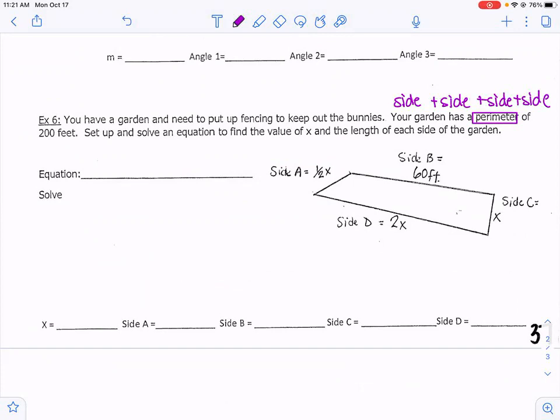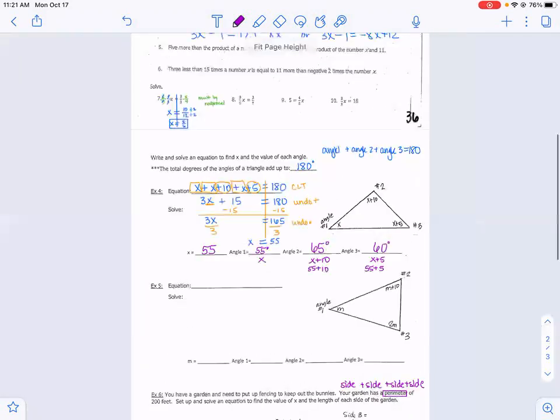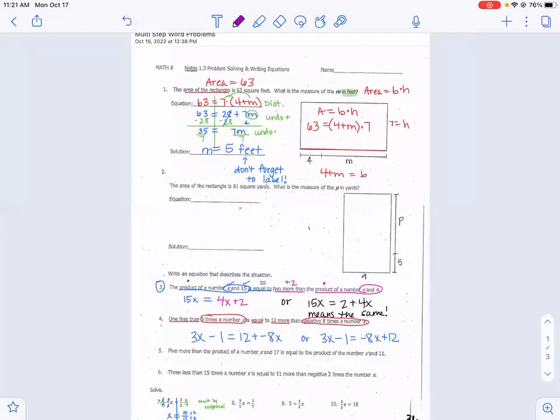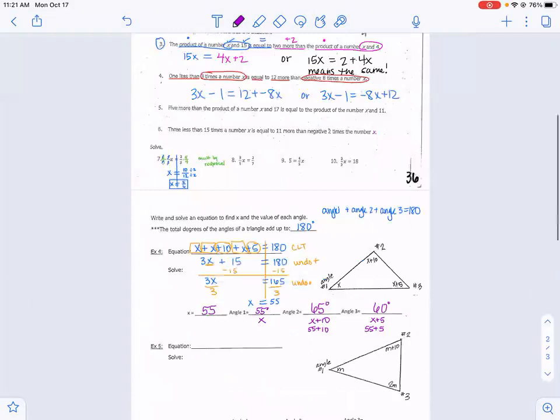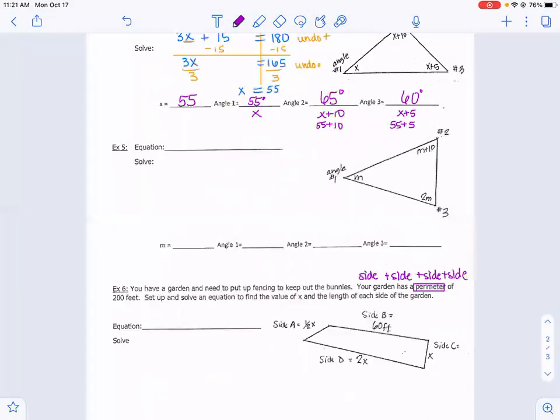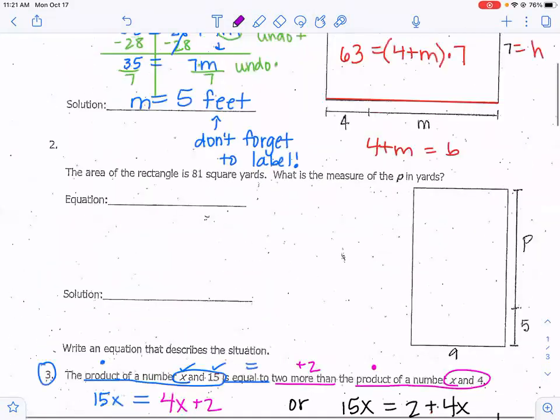Okay, so your homework is to finish all of these. So you have 1, 2, 3, 4, 5, 6 problems on this page and 2 problems. So you have 8 problems. Number 2.